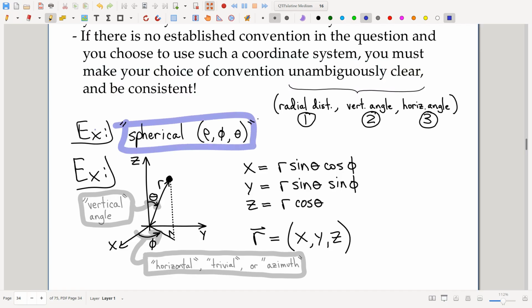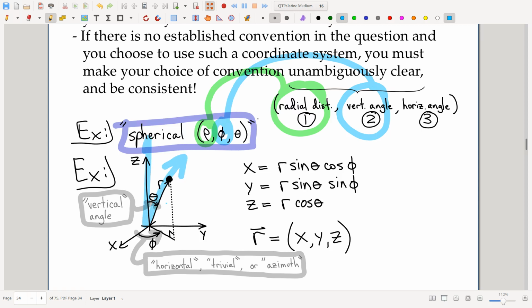This is a reasonable way to do it. If you just write down spherical rho comma phi comma theta, well, now I know unambiguously that you're going to use rho for the distance, not r. And I can see that for the vertical angle, for that angle like that, you're going to use phi. This is a different example down here, of course.